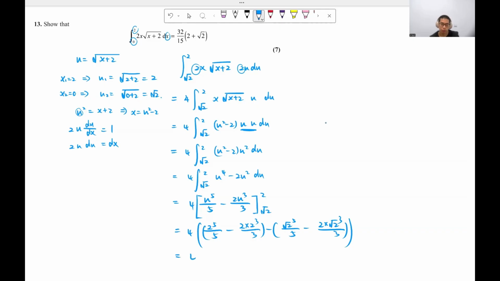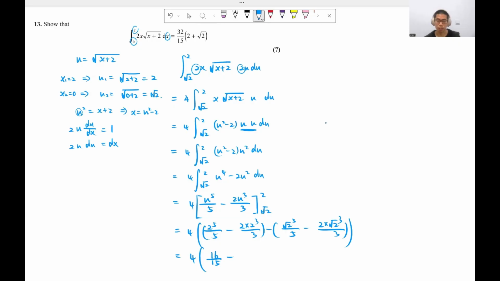We have 4 times 2 to the power 5 over 5 minus 2 times 2 to the power 3 over 3. This part we can just put in the calculator, because there's nothing weird. It's just some whole numbers with normal powers. That would be just 16 over 15.